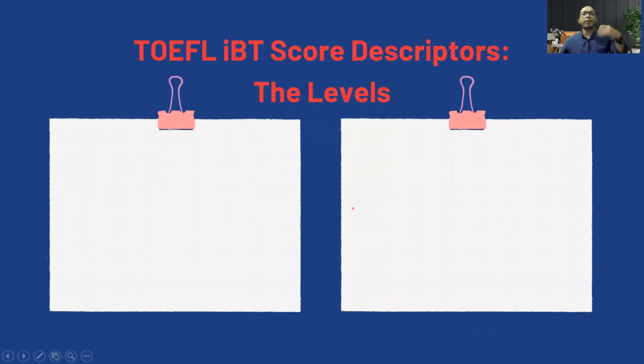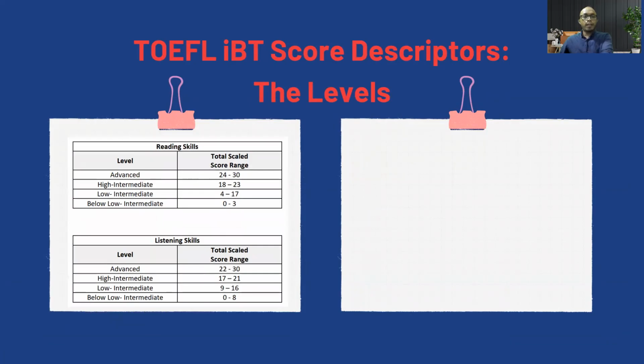So, what are the levels that the score will indicate? In the reading and listening scale, you will be categorized into 4 levels, starting from the below low intermediate as the lowest level up to the highest, the advanced level. And you can be qualified in such a level according to the score that you obtain.